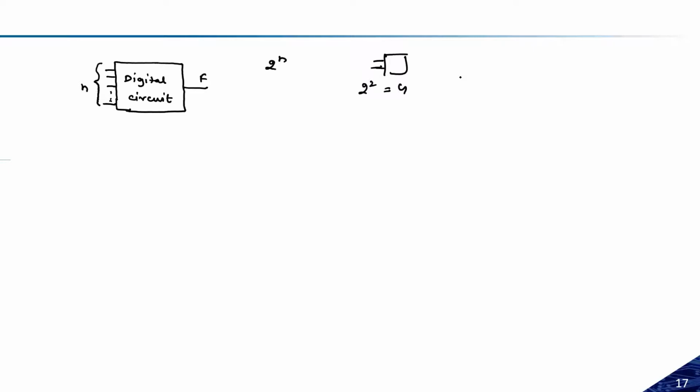Okay, but this is what you understand as of now, and this is somewhat not true. There is some difference. Let me repeat what I'm saying. Suppose I have a digital circuit having n inputs. In a digital system, if I have n inputs, we can get total possibilities of 2 to the power n.